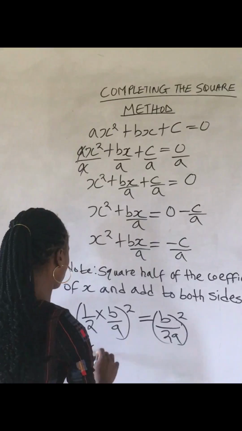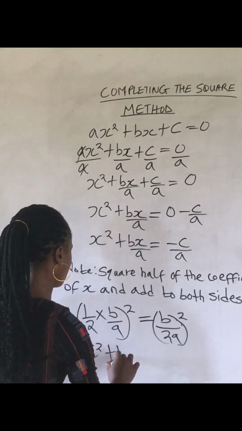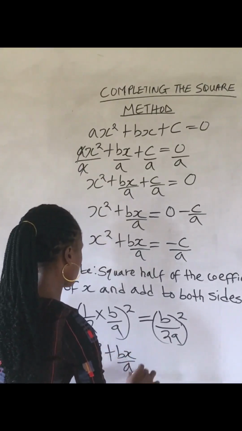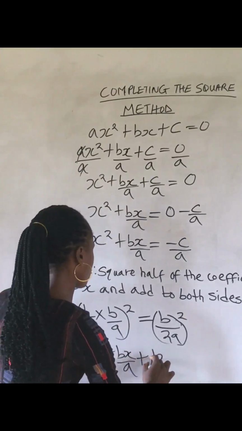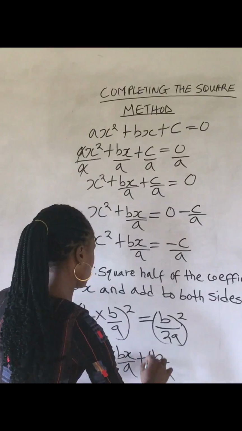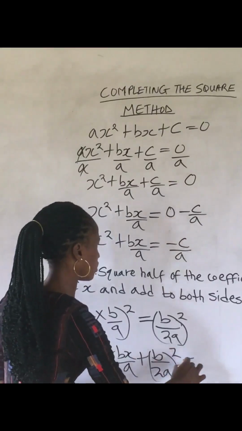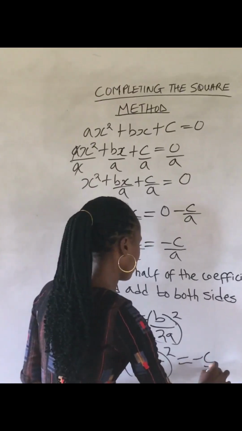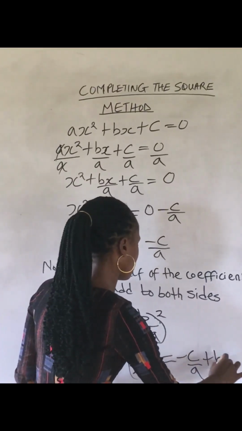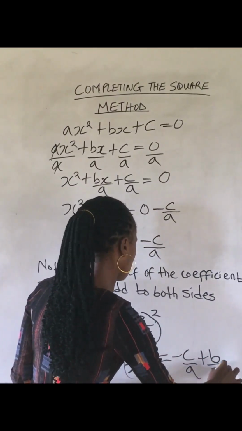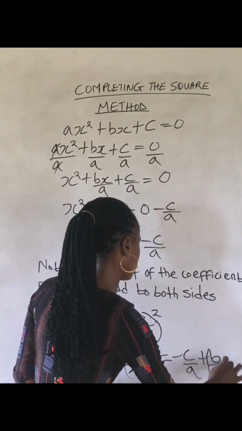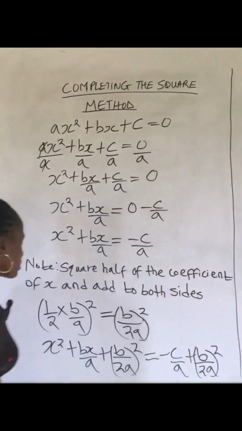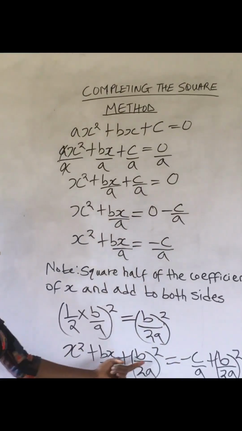That will be x squared plus bx over a plus b over 2a all squared equals minus c over a plus b over 2a all squared. You would see that you have a square here and have the square here.